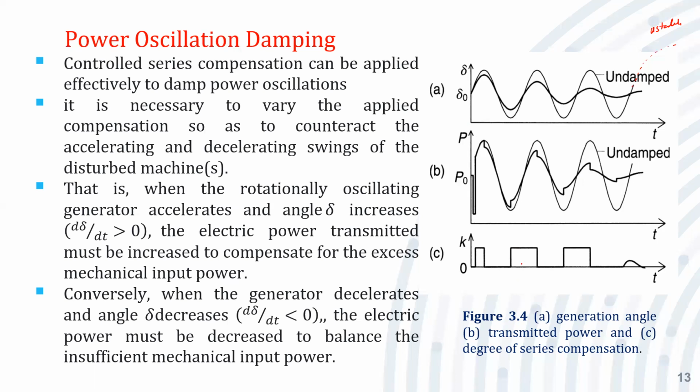So when the rotor of the generator accelerates, the angle delta increases, so d delta upon dt is more than 0, and we can say that we have to increase the compensation. And similarly for the opposite case.